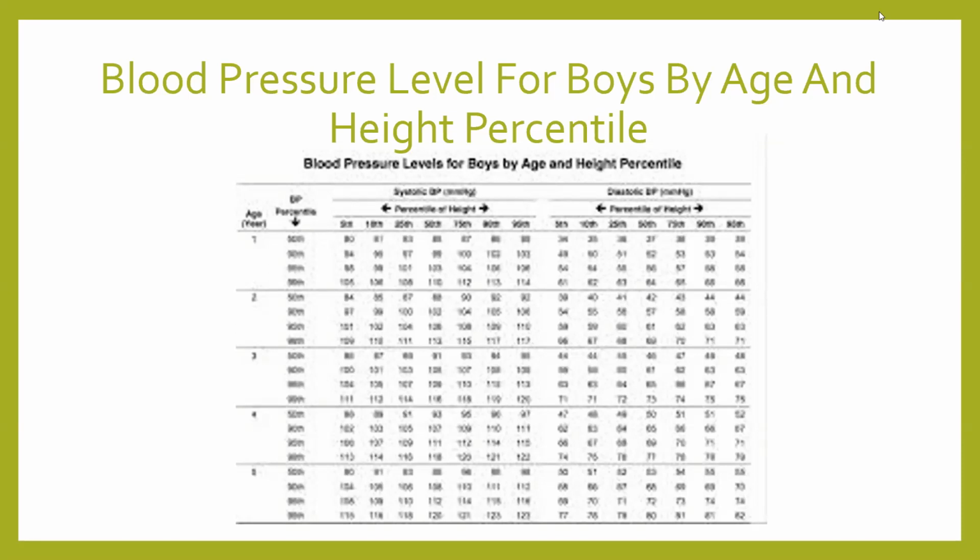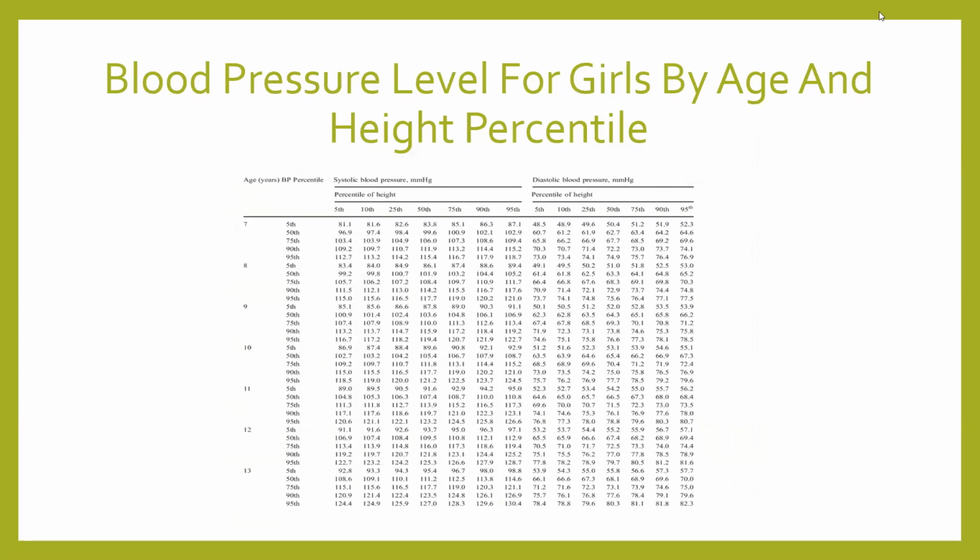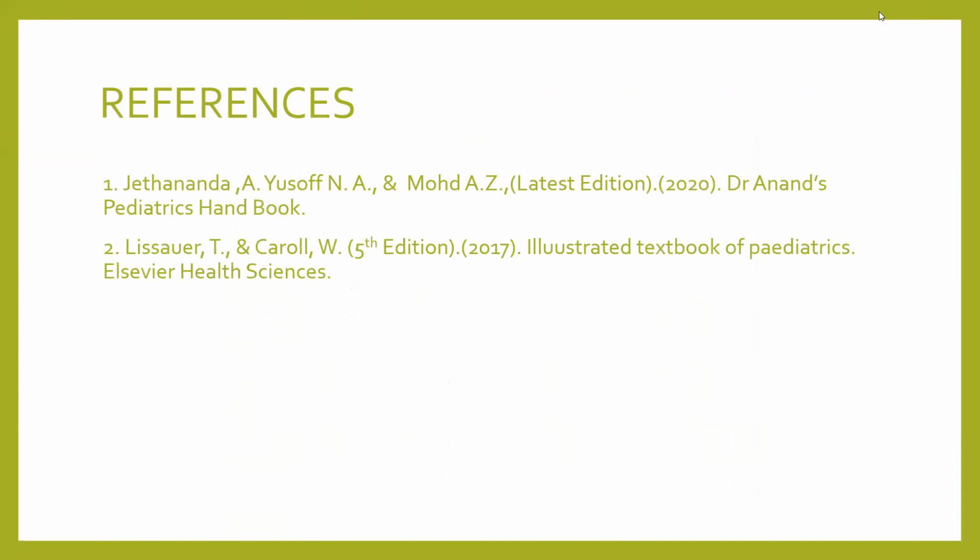So we need to really carefully look for the values. The suggestion is to use a 30 centimeter or 20 centimeter ruler. Okay, next. This is the girl. Next. So this is my reference.